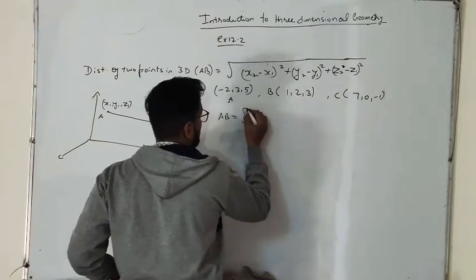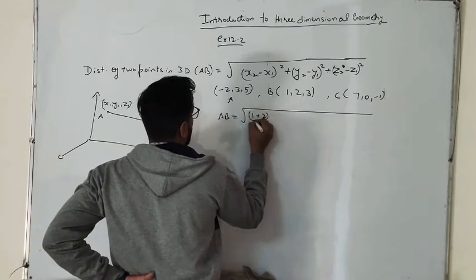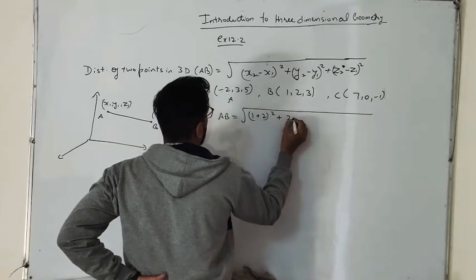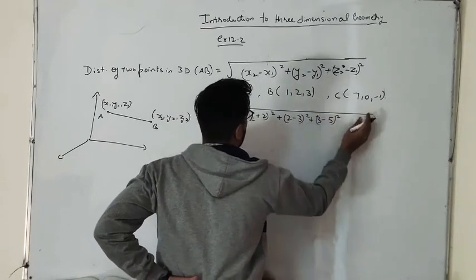AB's distance will be the square root of (1 plus 2) whole square plus (2 minus 3) whole square plus (3 minus 5) whole square.